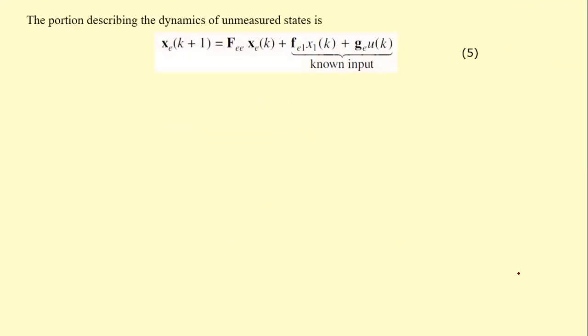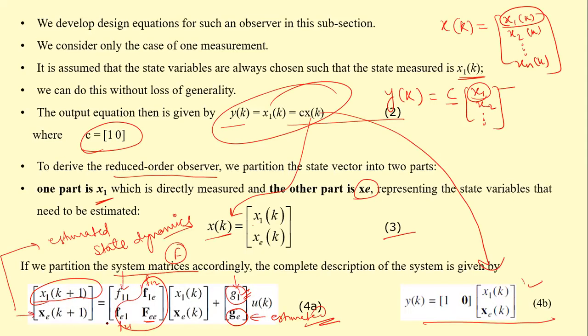So now we will take out this partitioned equation, xek plus 1. If we solve this, we get xek plus 1 is equal to fe1 x1k plus feexek plus geuk, right?